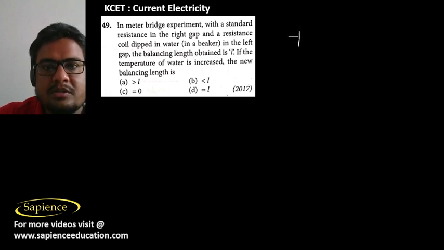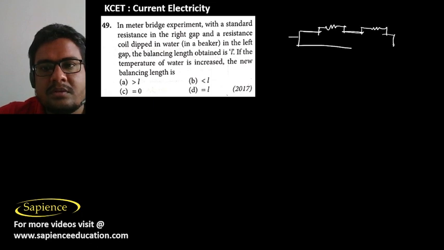So in a meter bridge experiment, here we have one resistance and here we have another resistance. Here we have the jockey.